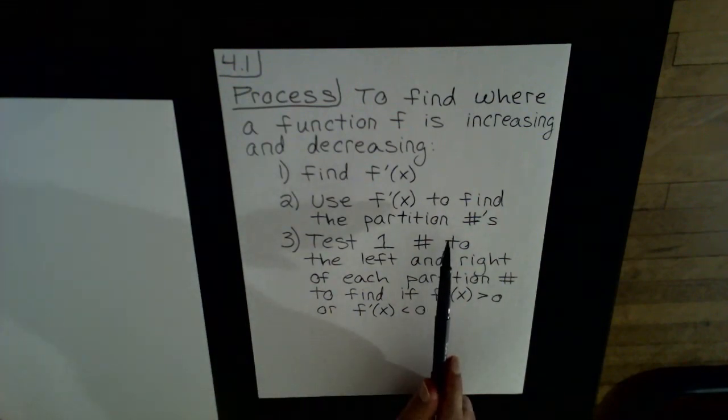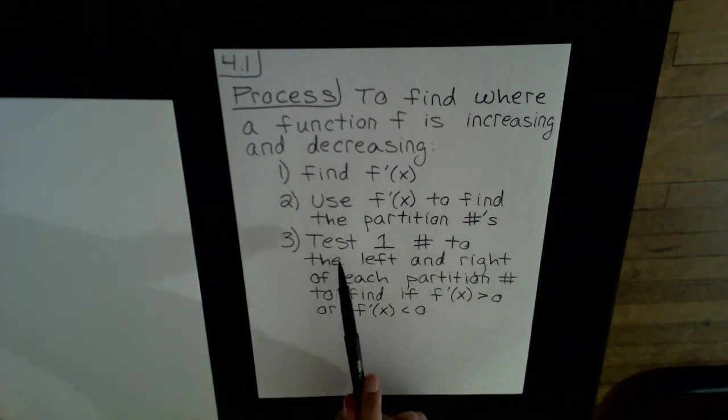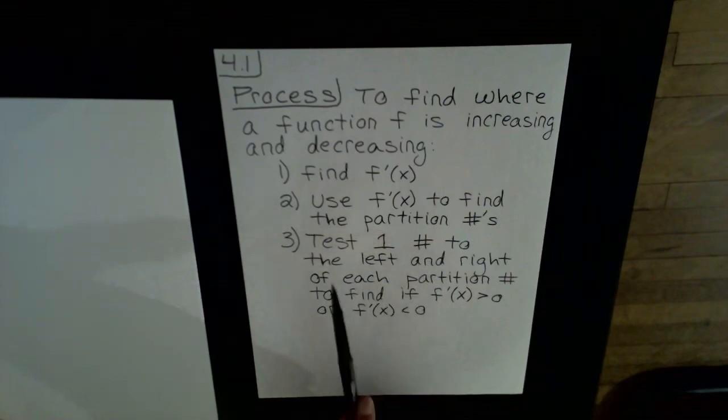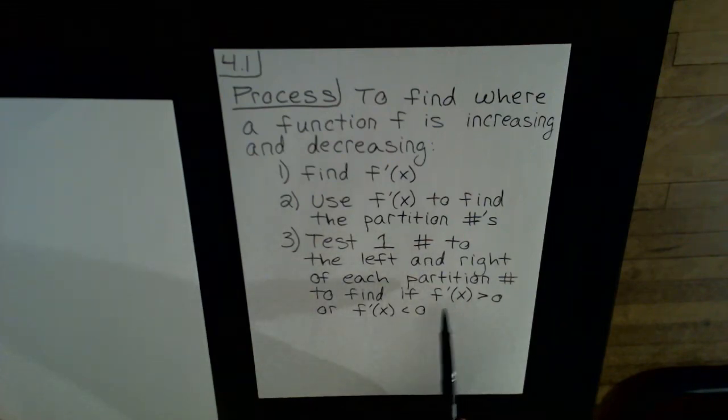And now from here, we test a value to the left and right of each partition number in our derivative. And when we do that, we are checking to see whether those results will be greater than 0 or less than 0.